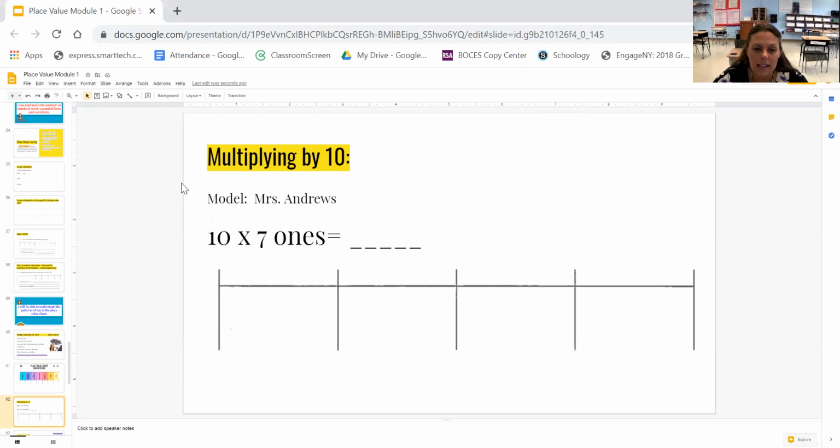I'm multiplying 10 times 7. So first, in my place value chart, I have my ones, my tens, my hundreds, and then I have my thousands place. I have 7 ones. So I'm going to put that in my ones place, and then it says I'm multiplying by 10. If I'm multiplying by 10, it means I'm getting bigger by 1 place value, meaning it's getting bigger going to the left.